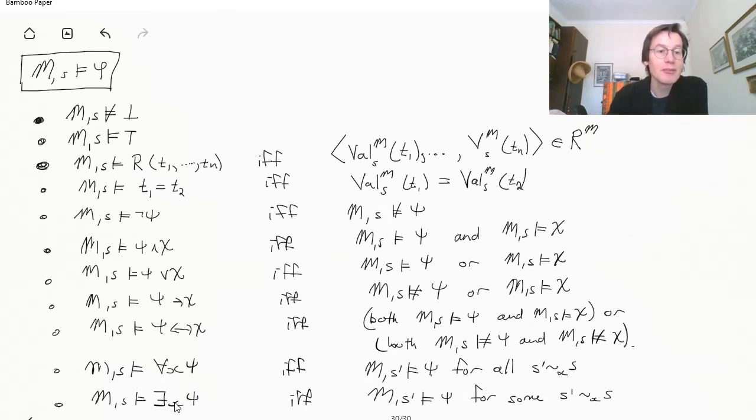This says there is some element of the domain of the structure which I can assign to x, and then under that assignment, psi needs to be true. So we need to go and look and see, can I find some value for x which is going to make psi true. But of course, all other variables need to hold their values under S. So I can only look at S primes which are x variants of S: assignments which differ from S in at most the value of x.